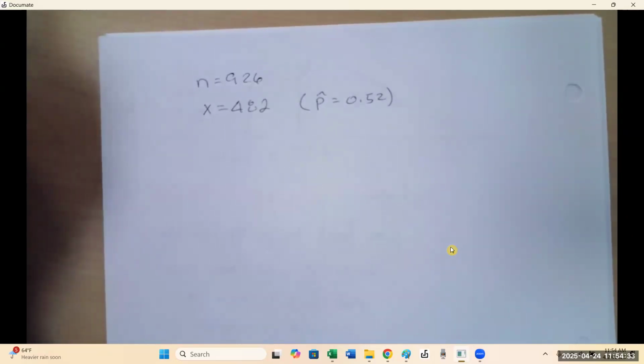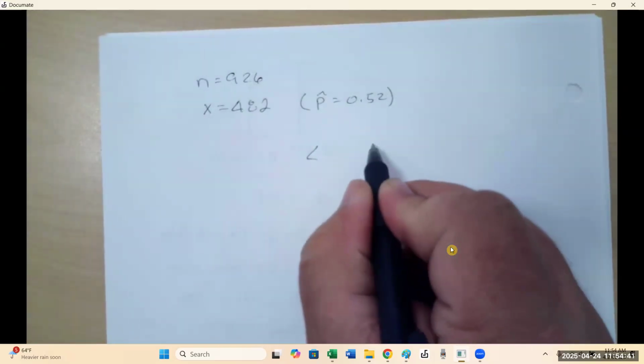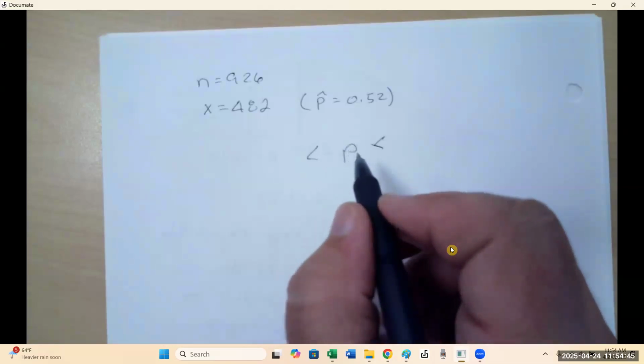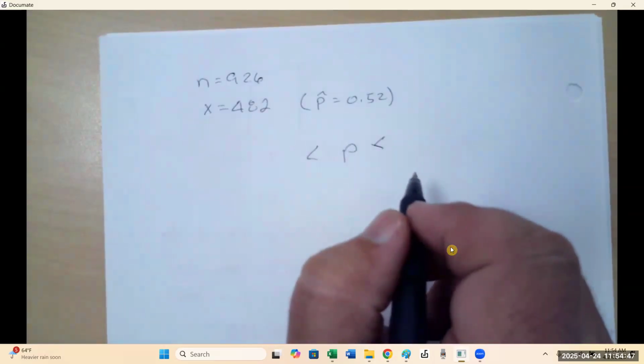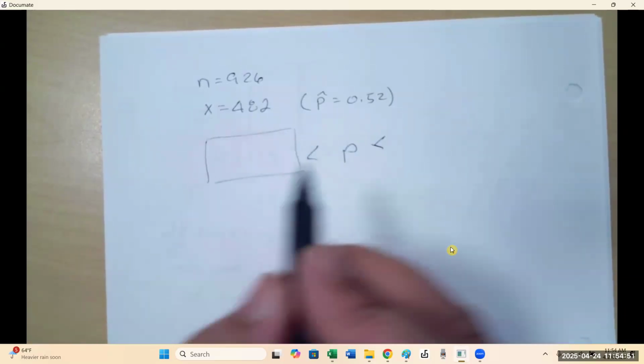I don't have those with me here. For the confidence interval, there's a formula for both ends here, or a process.